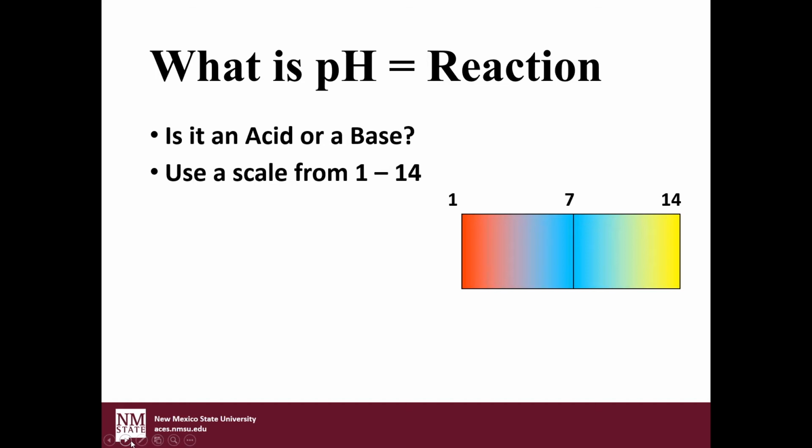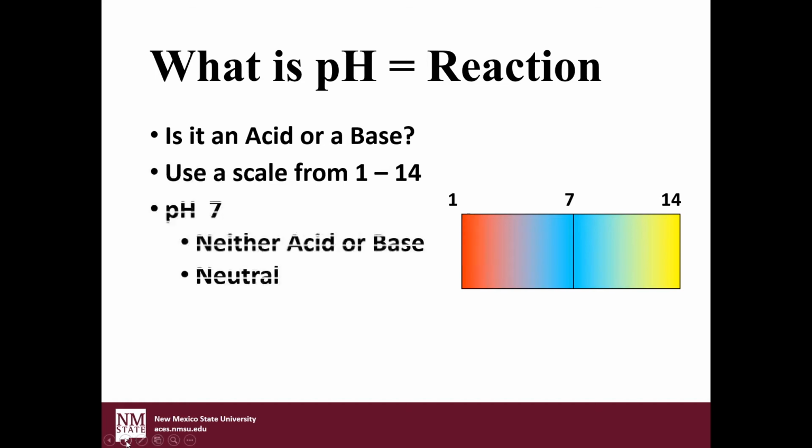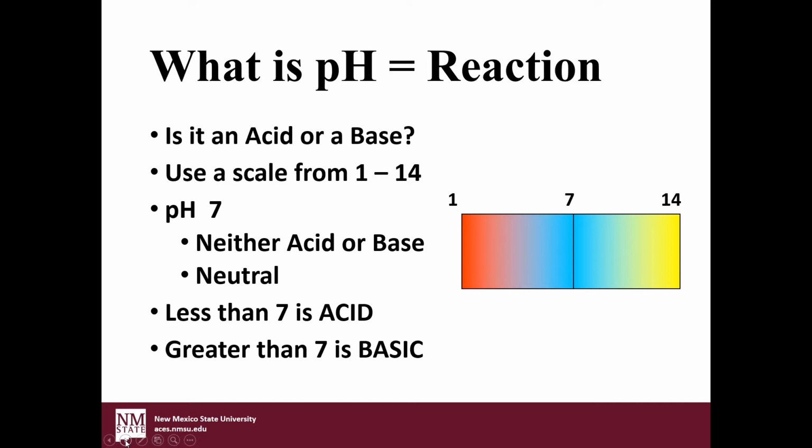We use a scale from 1 to 14, with 7 being neutral. It's neither an acid or a base at that time. And if it's less than 7, we consider it to be acidic. And if it's greater than 7, it's considered basic.